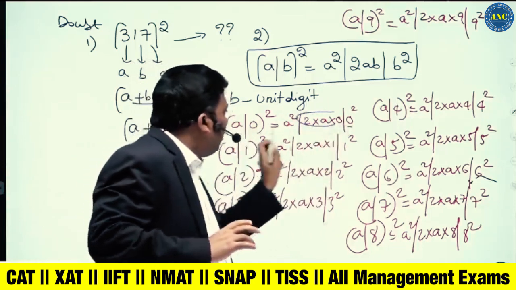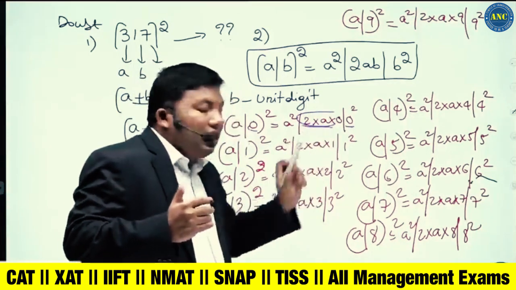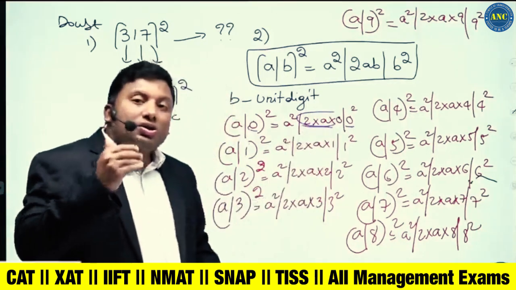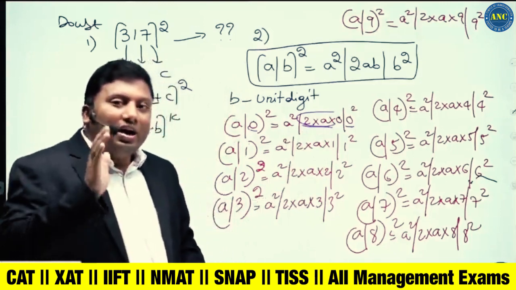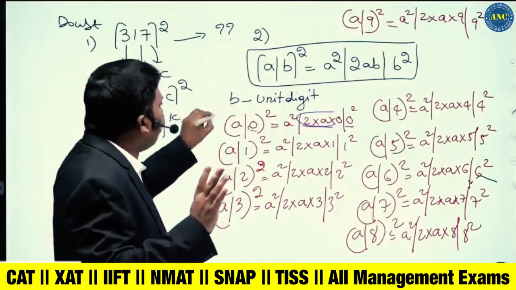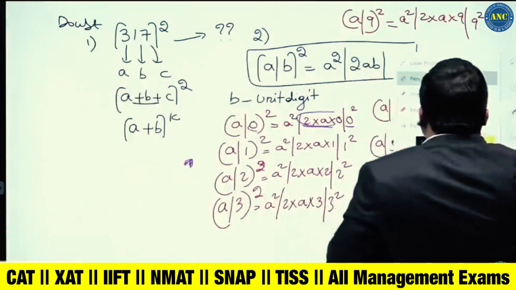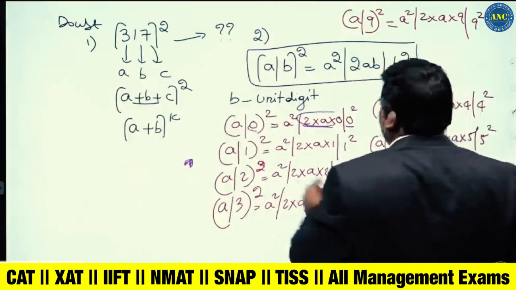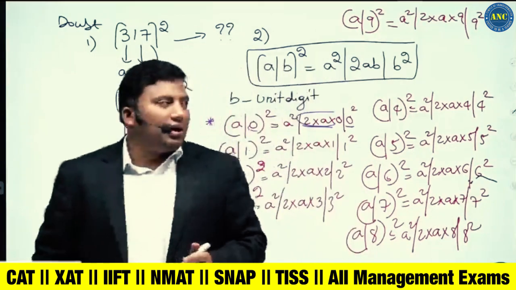If the unit digit is 0, on squaring, not only the unit place but the tens place is also 0. 10 square is 100, 20 square is 400, 30 square is 900. A perfect square ends with an even number of zeros. I hope the first conclusion is clear to you.